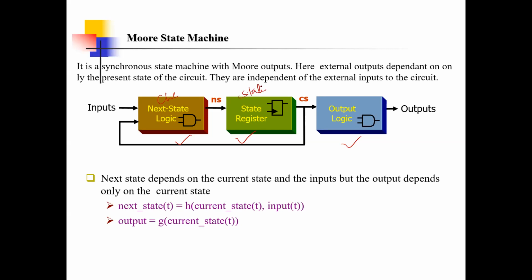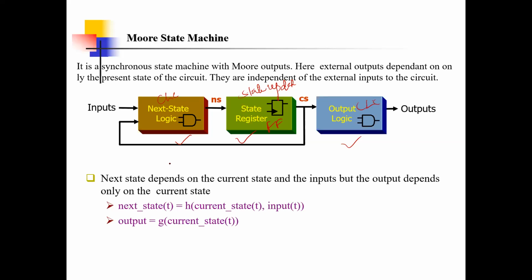State updation is generally a flip-flop. Flip-flop, you know, is a sequential circuit. And then the last one is the output logic, which is again combinational logic.